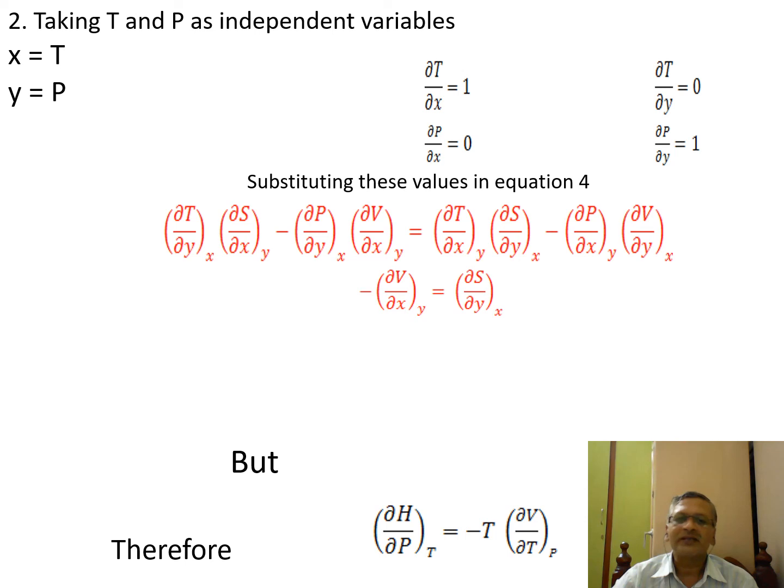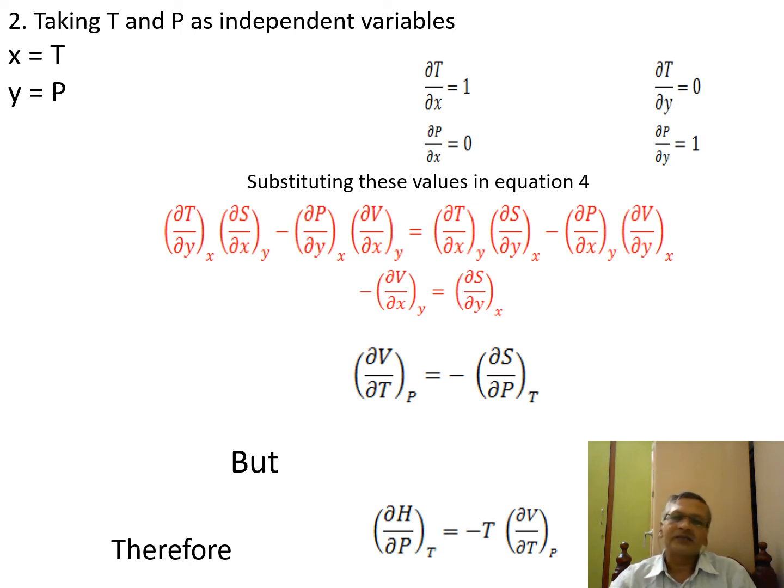Here we will resubstitute x as T, y as p. We can write it like this. ∂v upon ∂T, keeping p constant, is equal to minus ∂s upon ∂p, keeping T constant.